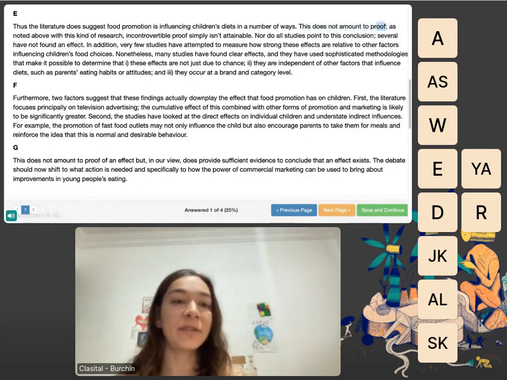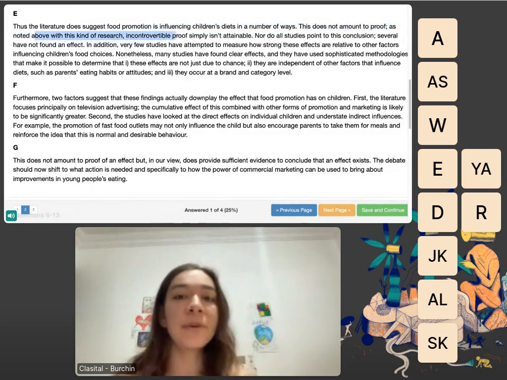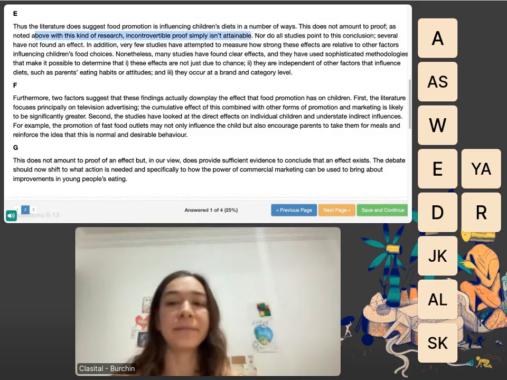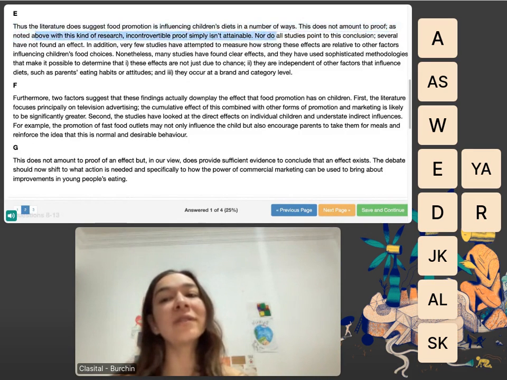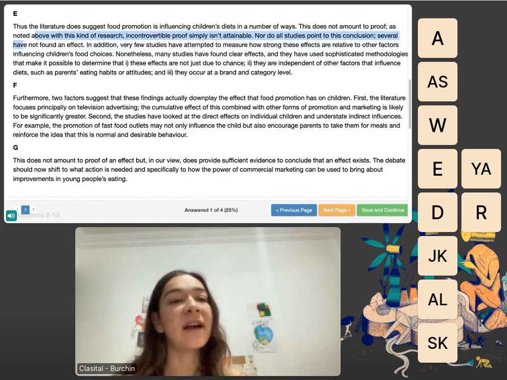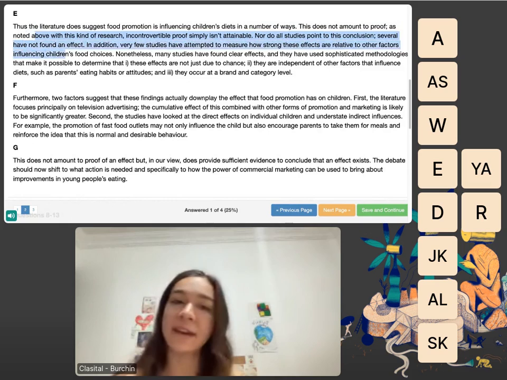proof. As noted above, with this kind of research, incontrovertible proof simply isn't attainable. Nor do all studies point to this conclusion. Several have not found an effect.